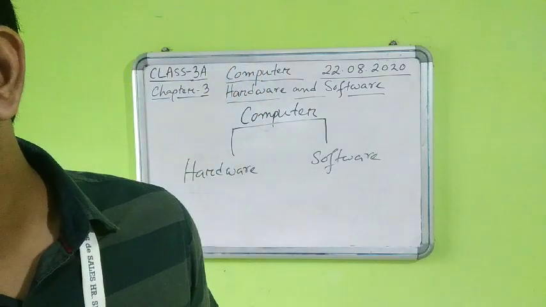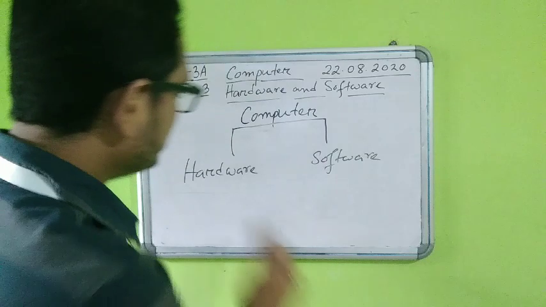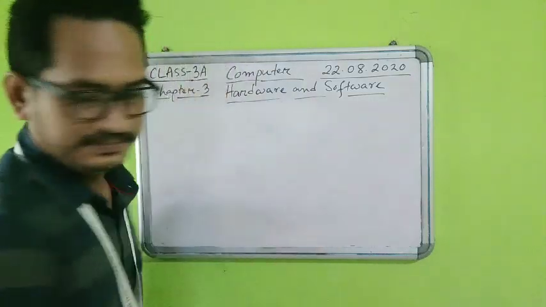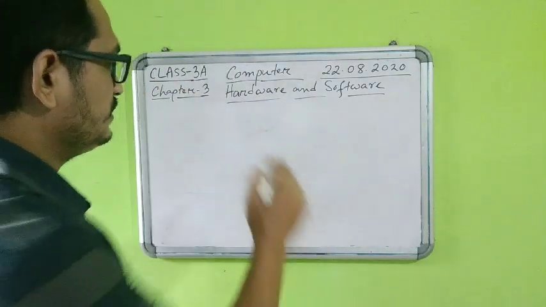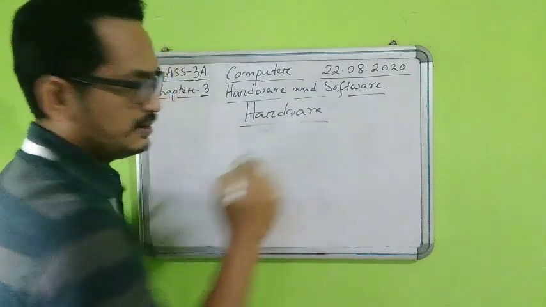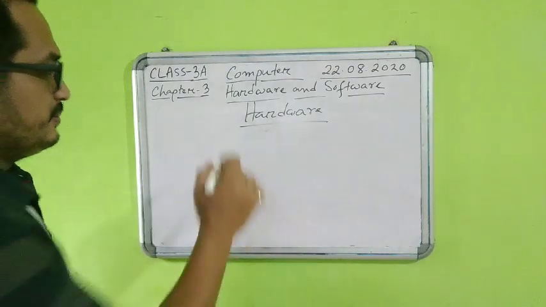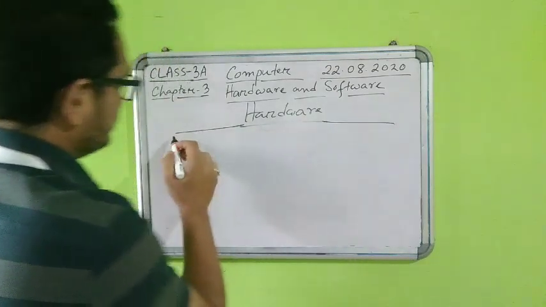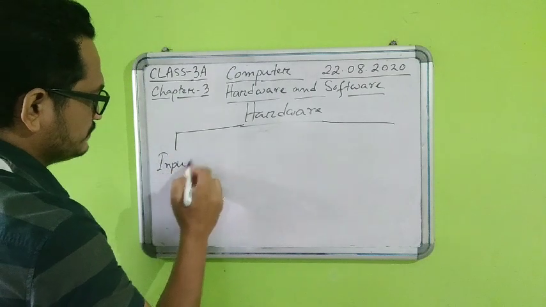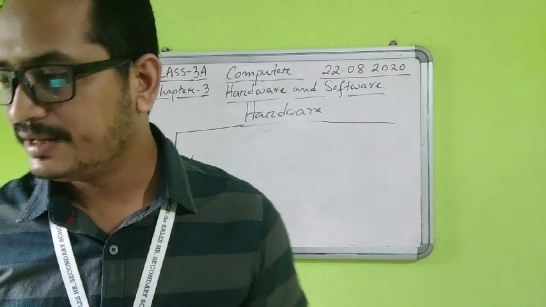Okay, now hardware is classified into four types of devices. Now hardware, if you see, you can see the box there, yellow color box. So hardware again has four parts. Now what are these four parts? The first one is the input devices.